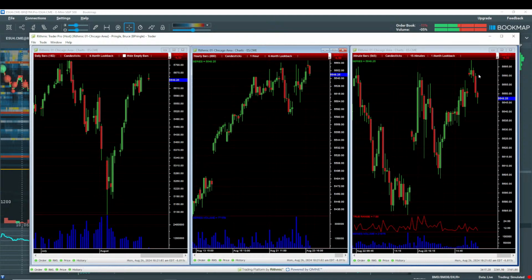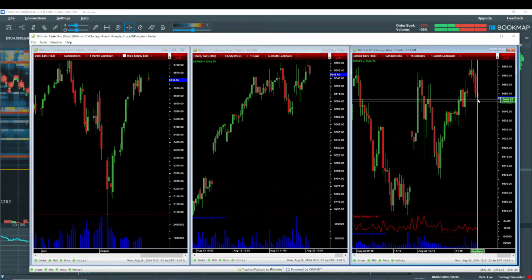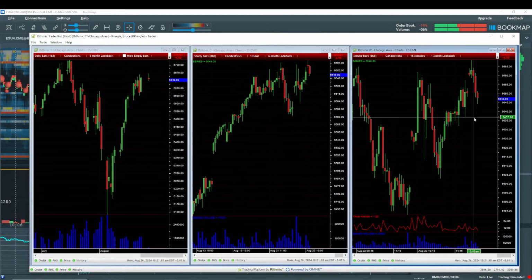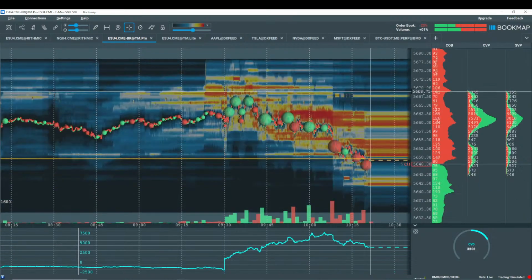The 15-minute chart also looks pretty good. It filled that gap, and we still see some selling down below it. If we continue to see those sellers come in, we're looking for 37 to 32, somewhere around this zone here, and then we can mark that up over in Bookmap.